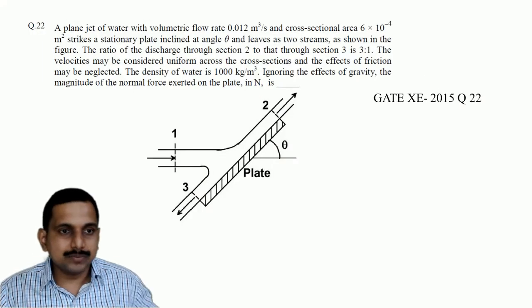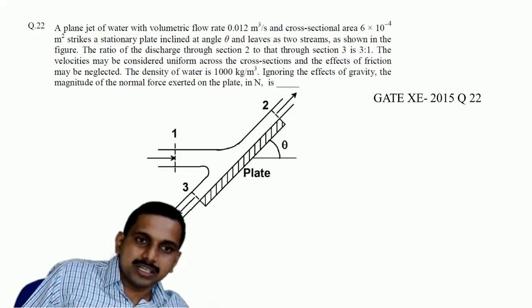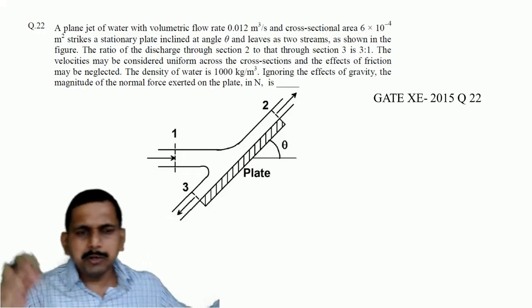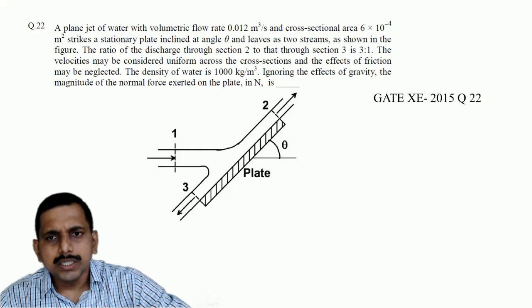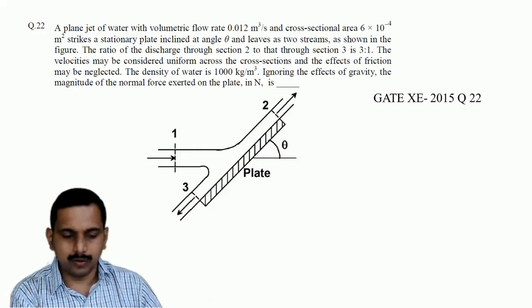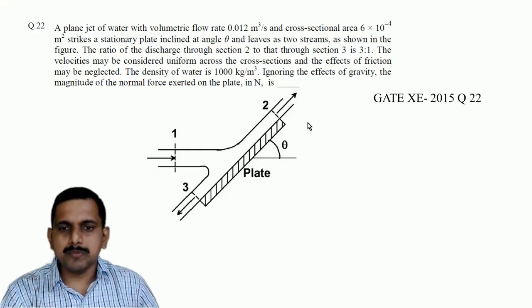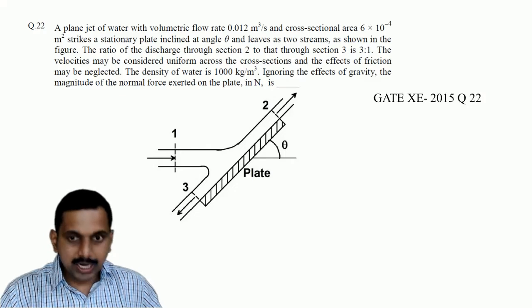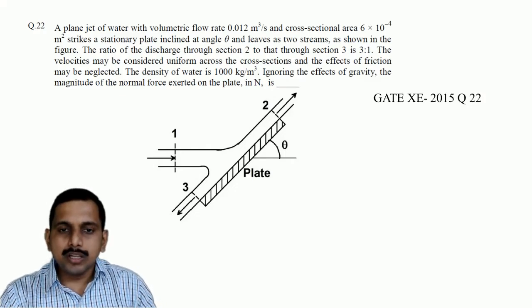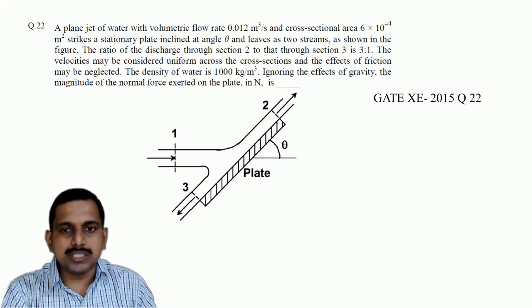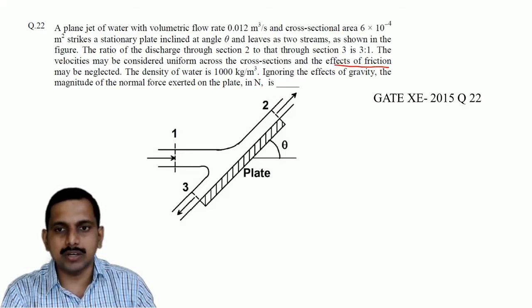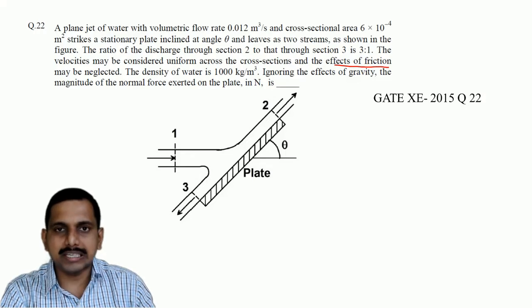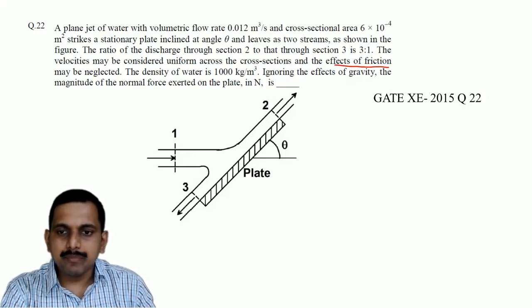Okay, next. Now there is another type of question where the plate would be at an incline. How do we solve these kinds of problems? One of the things we have to see is that effects of friction, meaning viscosity, have to be neglected. Then we can say F tangential is equal to 0.